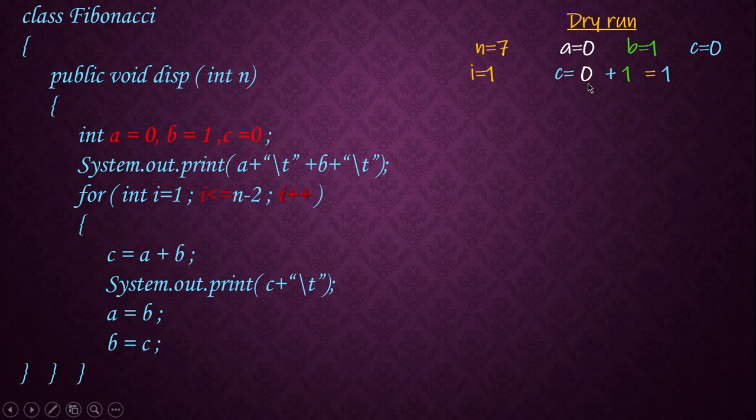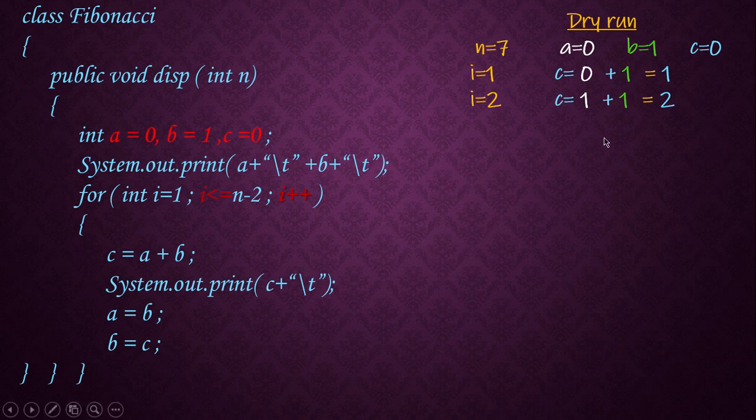So the first two values I am adding up and storing in C, and I am printing the value of C. Second step, look here: what was my second number in the previous step will be stored as the first number, and what was my third number in the previous step will be stored as my second number.